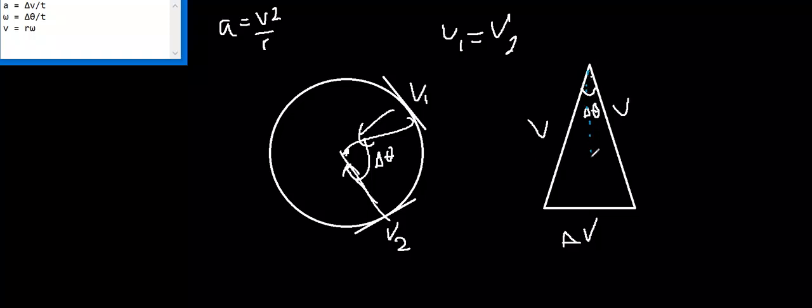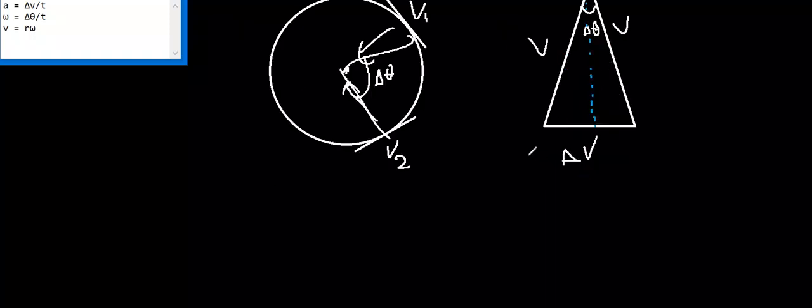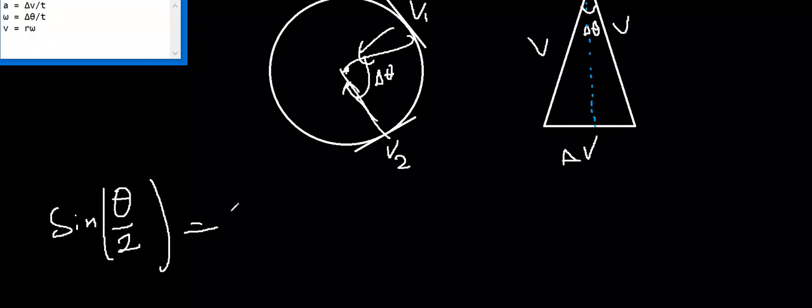So first we'd split this in half, and now using some trig, we can write that the sine of theta over 2, remember this is theta over 2 because we divide it in half, would be equal to the opposite, which is delta v over 2 because it's divided in half, so delta v over 2 divided by v, which is the hypotenuse in this case.